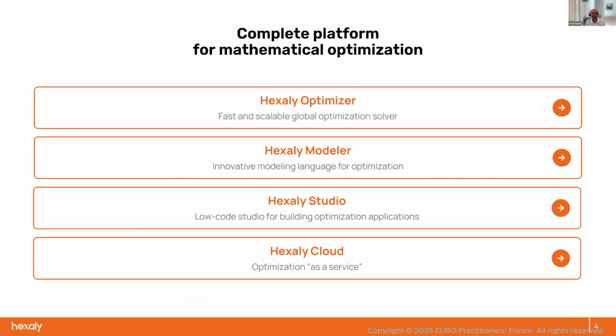As I explained, the main product is Hexaly Optimizer. This is where we focus a lot of the effort, a lot of R&D. The team is now 50 people, 45 in R&D.